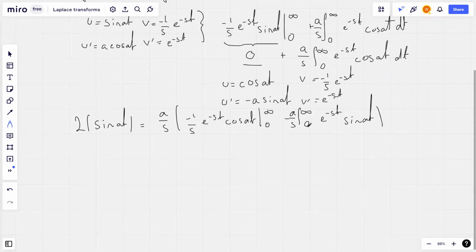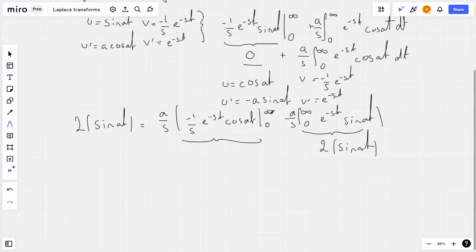However, we should notice that this is just the Laplace transform of sine from the very start, so we'll mark this down as the Laplace transform of sine of at. Now we want to see what this is by the same logic as before.